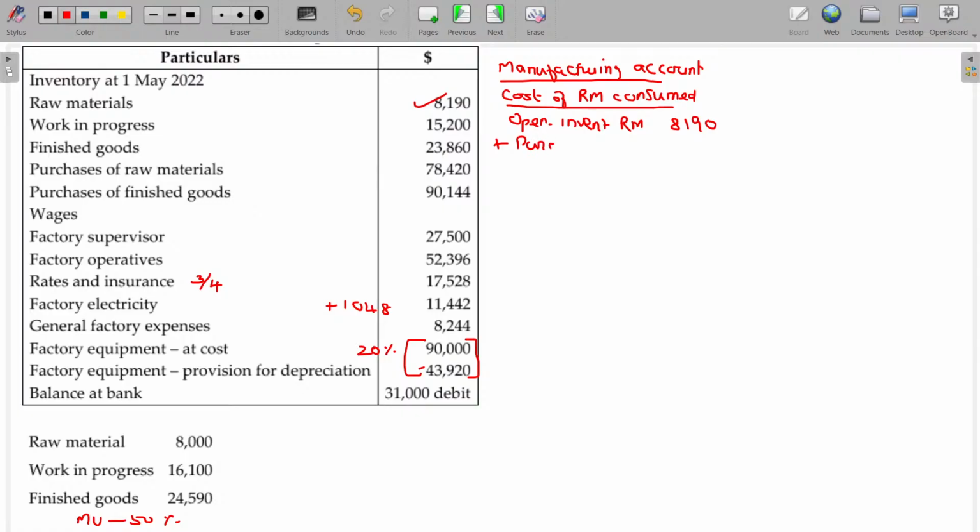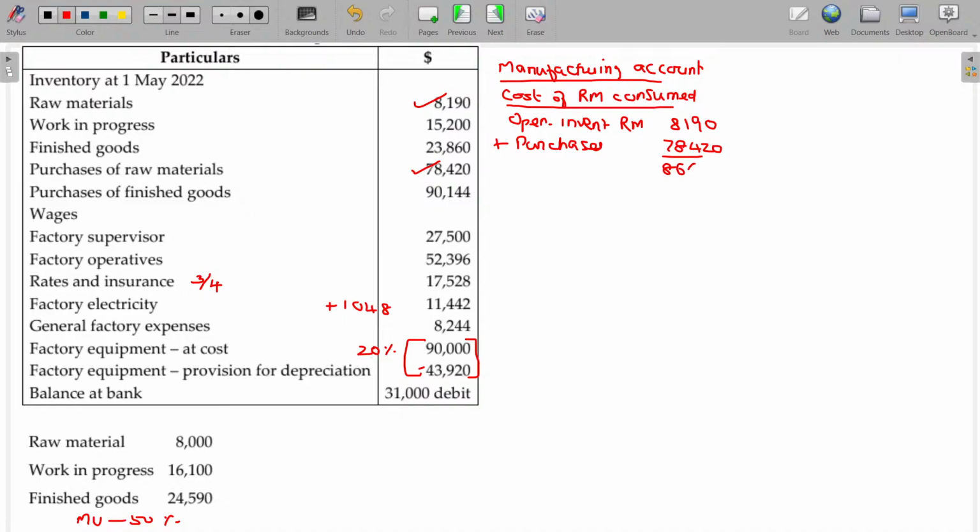Add purchases. Purchases of raw material being 78,420. We don't have any carriage in our purchase return. You can directly write it here, 78,420.